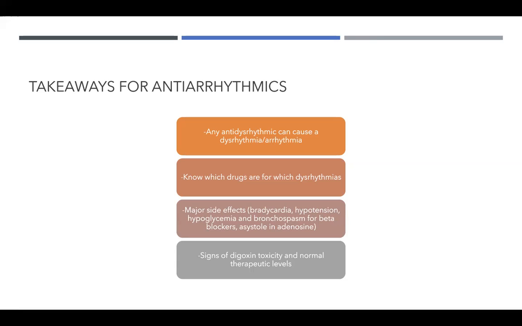That's a ventricular dysrhythmia treatment. When it comes to major side effects, you have bradycardia, hypotension, hypoglycemia, and bronchospasm for your beta blockers. And you'll see asystole with adenosine. And then signs of digoxin toxicity and knowing that the normal therapeutic level is important.